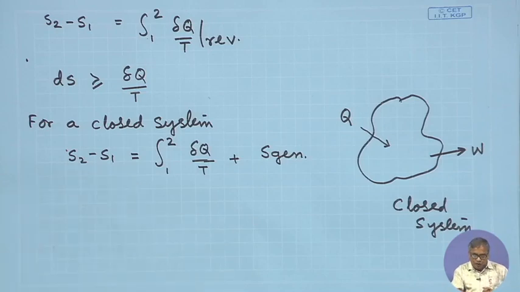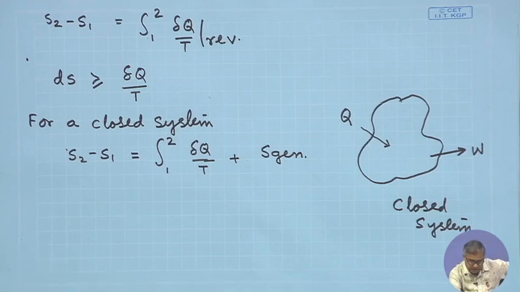What is S2? Suppose the closed system has undergone a process; the starting state of the system is given by 1 and the final state of the system is given by 2.